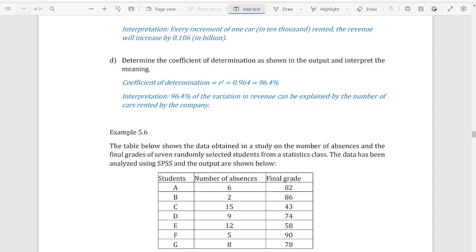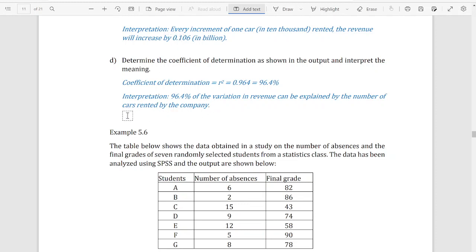So nilai R squared tadi 0.964 tu bila nak interpret, change this value into percentage. So we have 96.4%. So 96.4% of the variation in the revenue can be explained by the number of cars rented by the company. Okay, so that is how you explain the coefficient of determination.